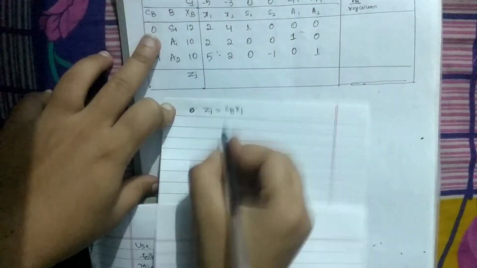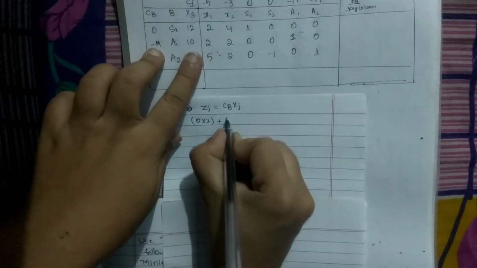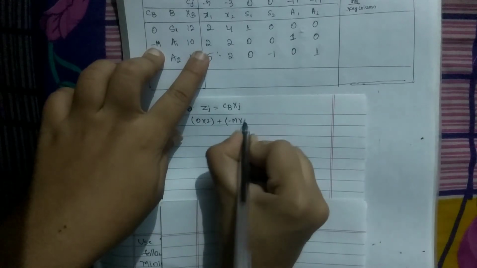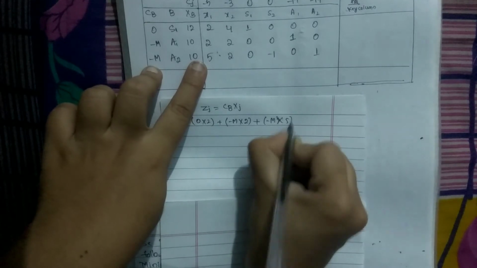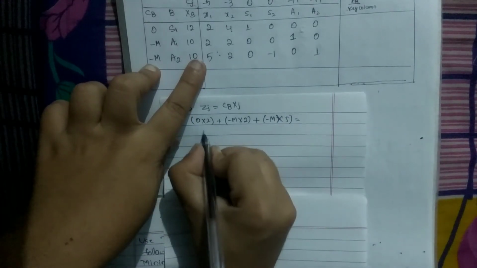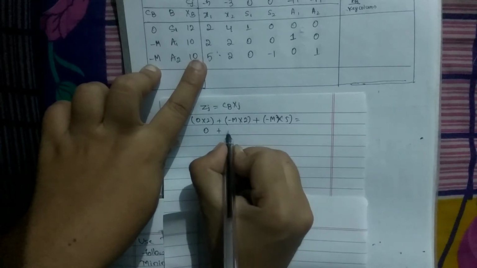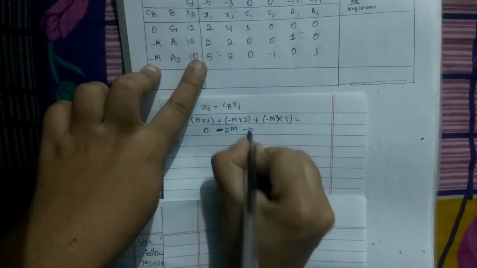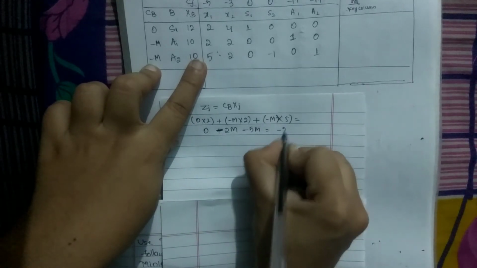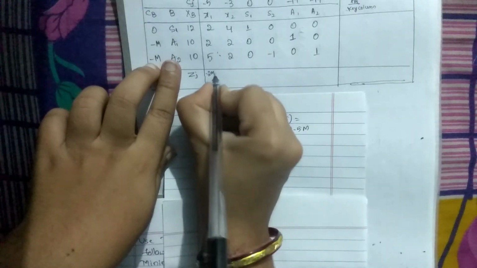That is 0 into 2 plus minus M into 2 plus minus M into 5, equal to 0 plus 2 into minus M, that is minus 2M, and minus 5M, so minus 2M minus 5M.